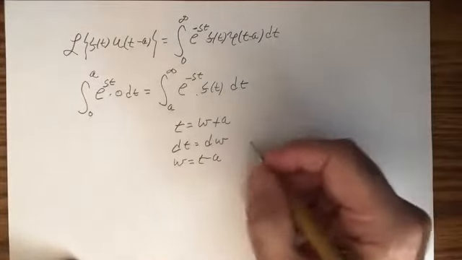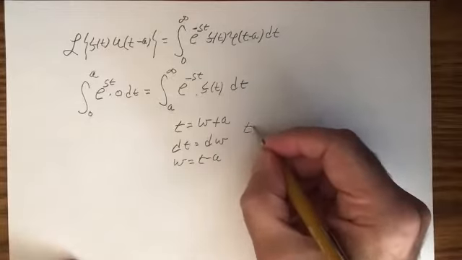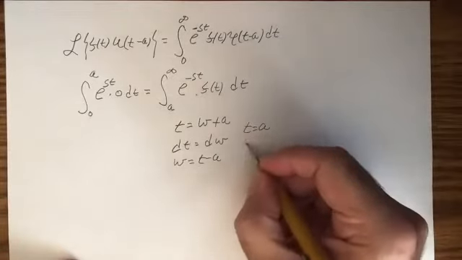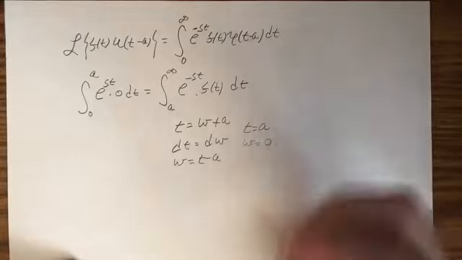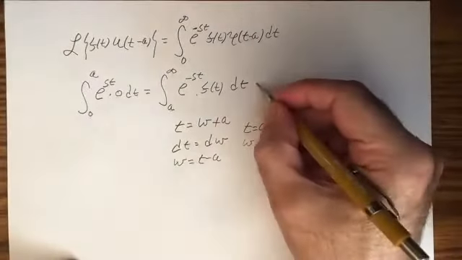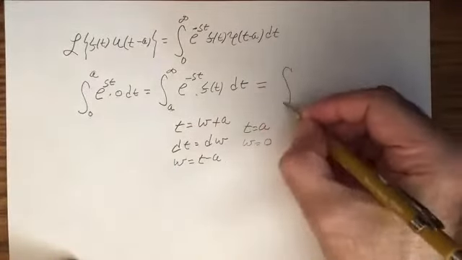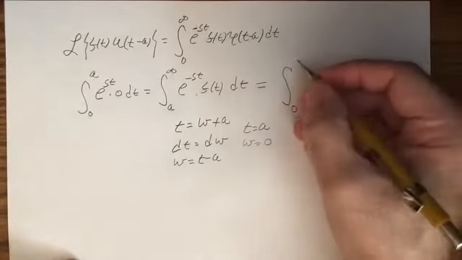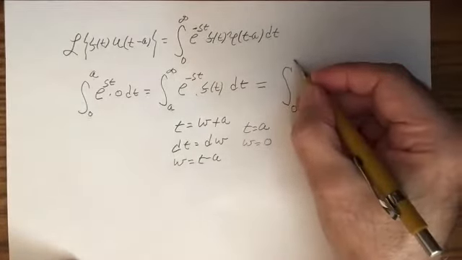Well, the thing is that when t is equal to a, w is equal to 0, which is what I want. So now when I make that change of variable, I start from 0, and I still go to infinity, right? Infinity is not going to change.